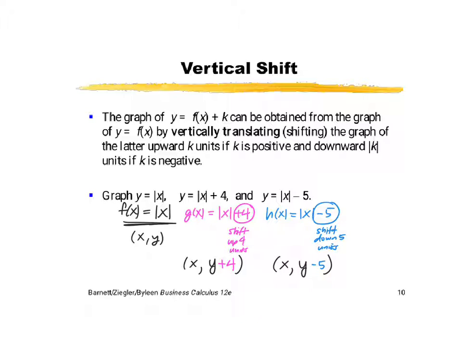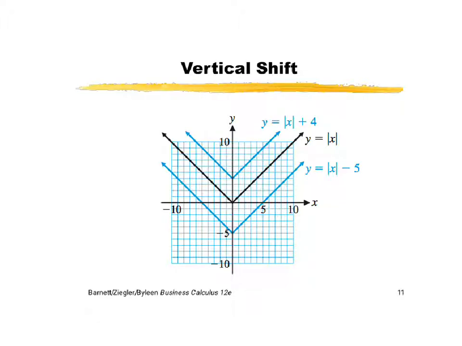Okay, so let's look at the graph. Okay, so let's put f of x, where can we put this? We'll just choose 3 points to kind of see how the graph works. Okay, so here we have f of x, which is the absolute value of x, and for that, this is the function in black.